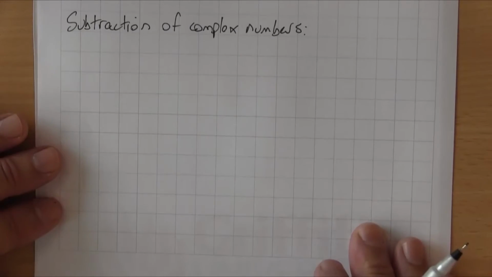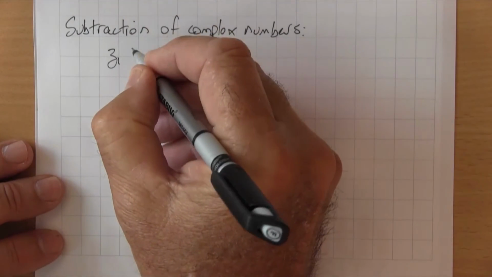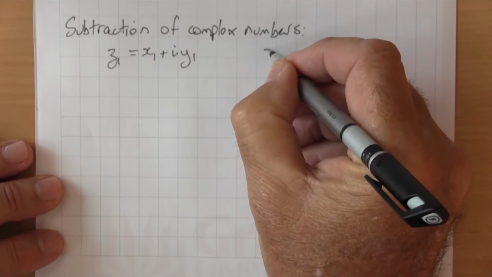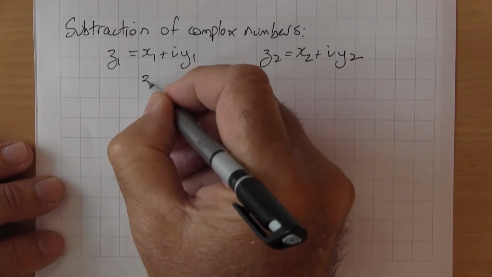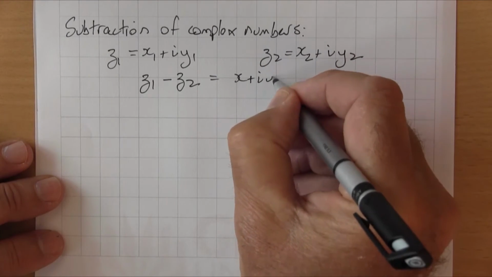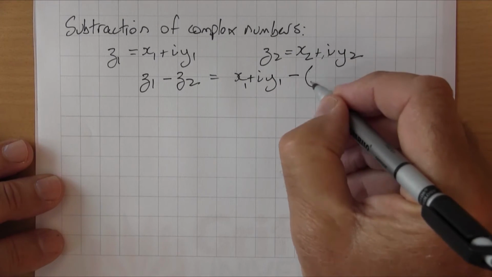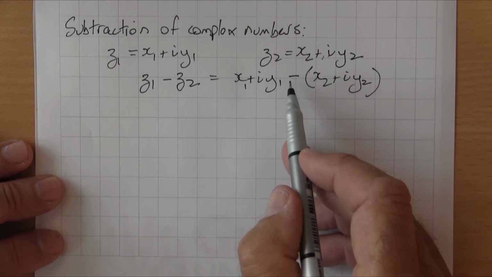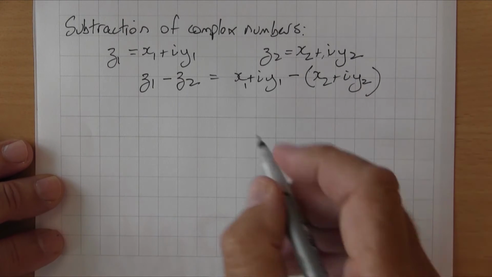Okay, so subtraction of complex numbers is done in a similar way, except we've got subtraction. So Z1 is x1 plus i y1, Z2 is equal to x2 plus i y2, Z1 minus Z2 is equal to x1 plus i y1, take away x2 plus i y2, and I think it's a good idea here to put the second one in brackets because that negative has an influence on what happens to the signs inside there.